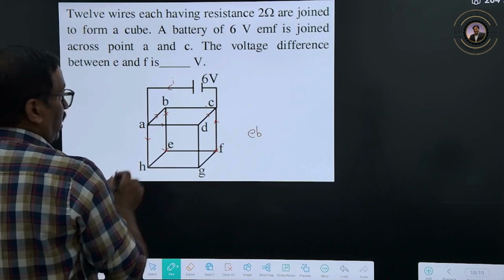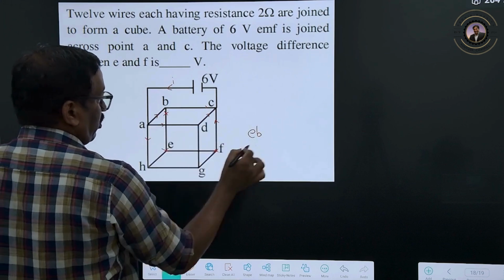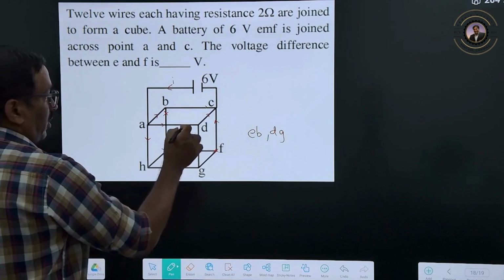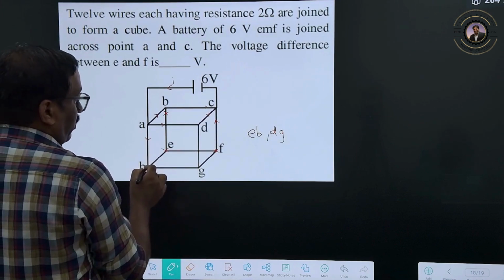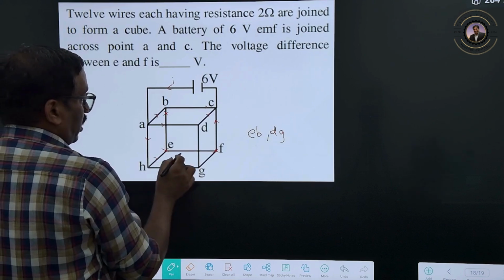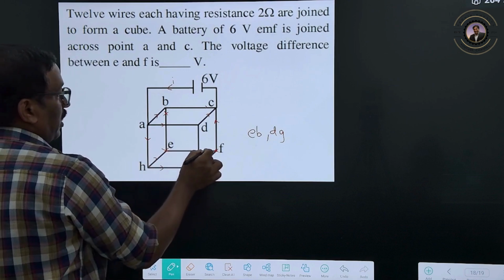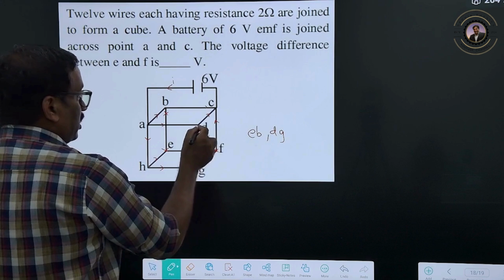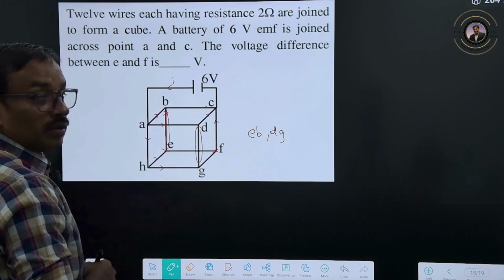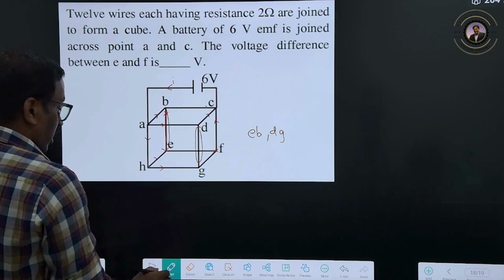Here the current is coming, therefore the DG wire got neglected. Again this current will get divided here, and again these parts are joined, therefore this part and this part can be removed. Clear?